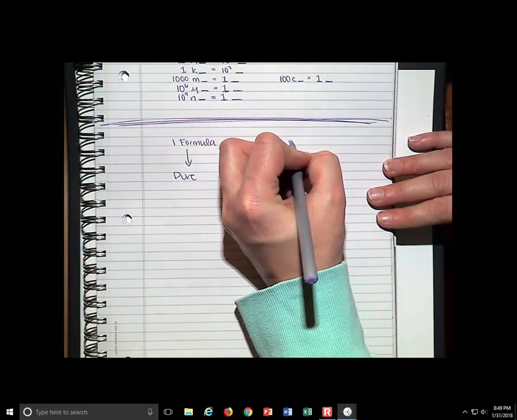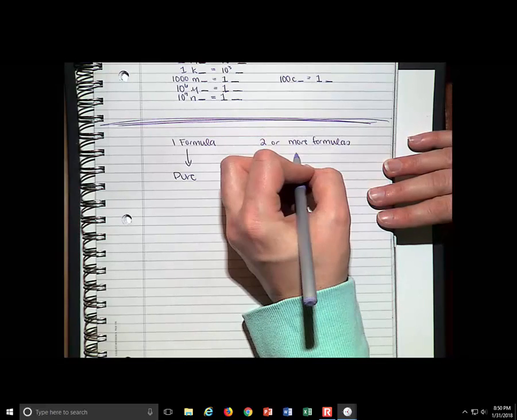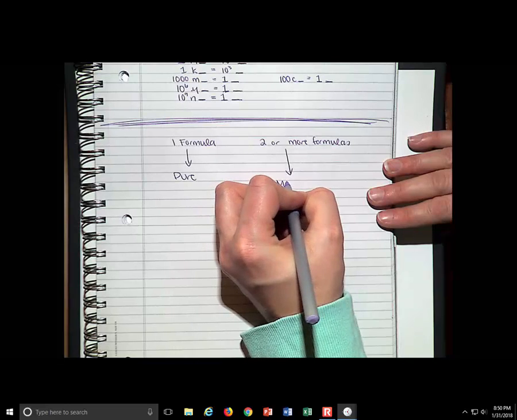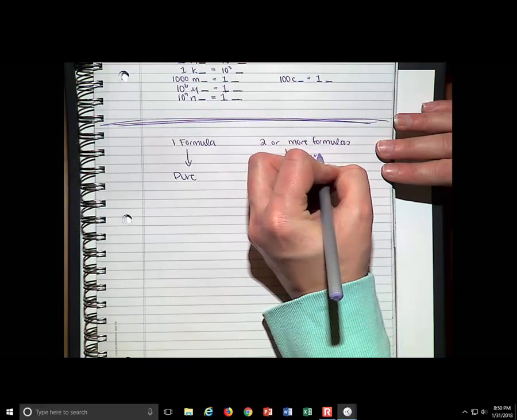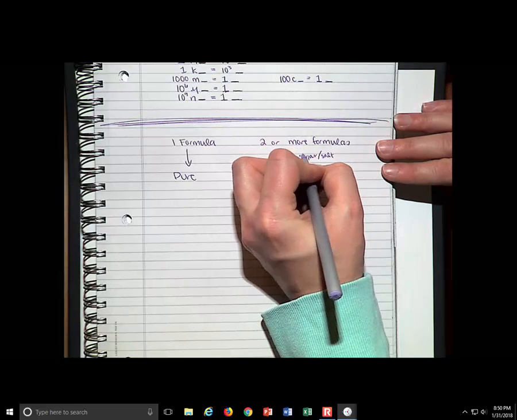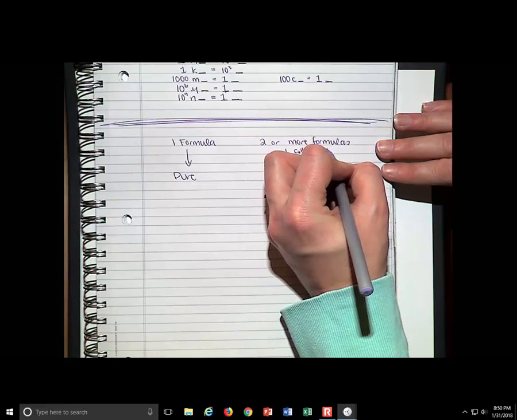Two or more formulas, mixture. So, sugar, salt, which would be C6H12O6 and NaCl.